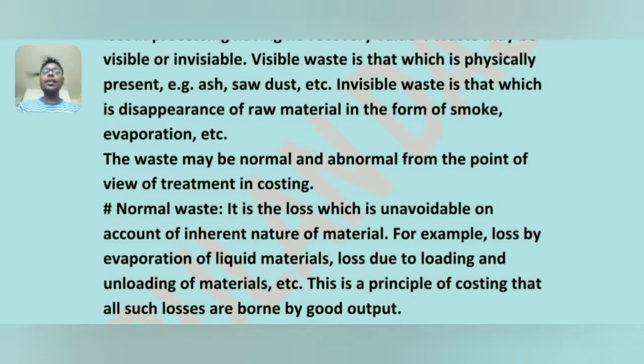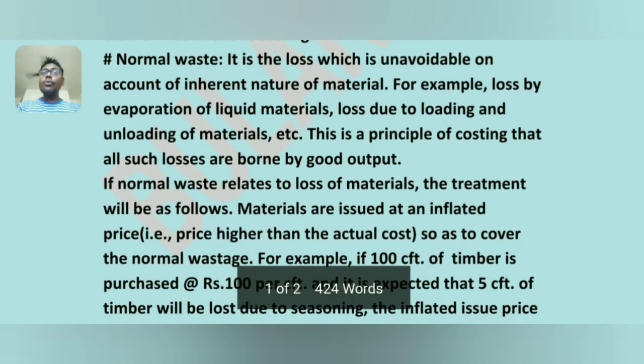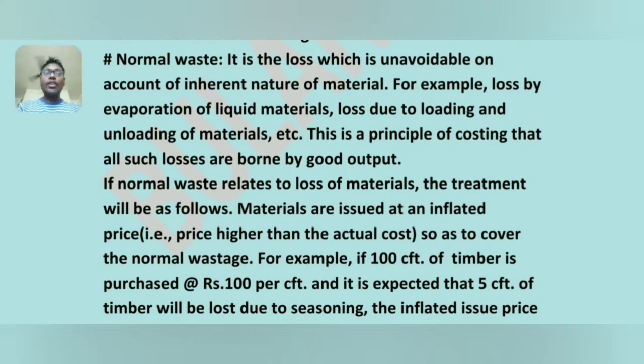This is the principle of costing, that all such losses are borne by good output. If normal waste relates to loss of materials, the treatment will be as follows. Materials are issued at an inflated price, that is, price higher than the actual cost, so as to cover the normal wastage.